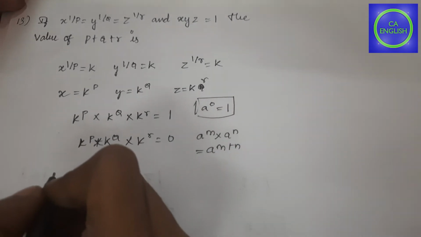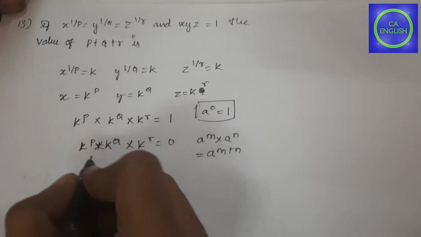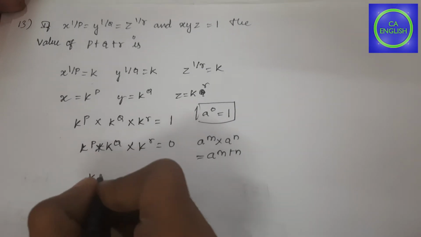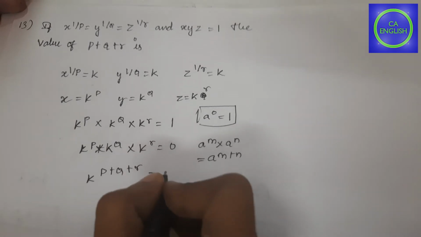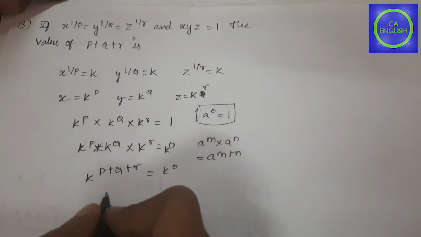Already we have seen this. Now we are going to convert that using that law. Now k power p plus q plus r is equal to k power 0. Sorry, I missed the k power 0.